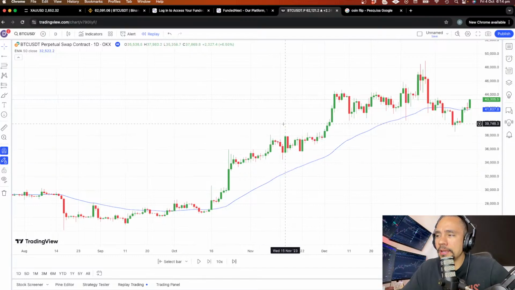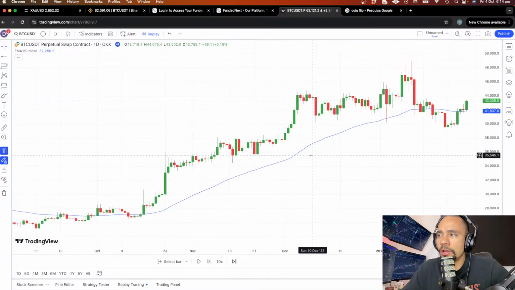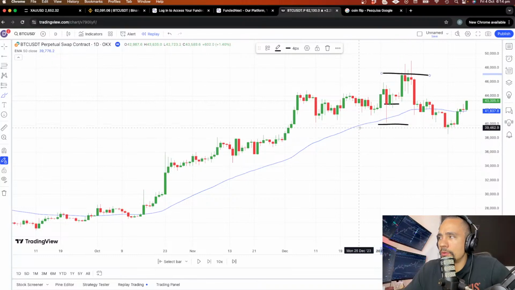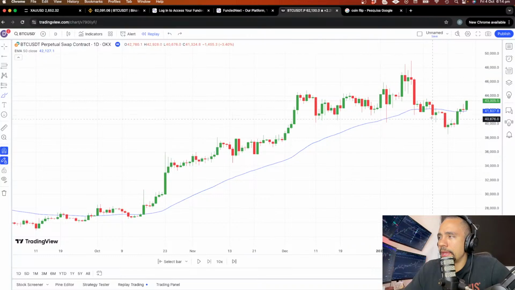When the market breaks above, we're gonna wait for the market to come and test the 50-day moving average like this one, and we're gonna buy on the close of the bar. We're gonna put a stop below the bar, and then we're gonna go for 1-to-1 risk reward. So in that case it would be a profitable trade.